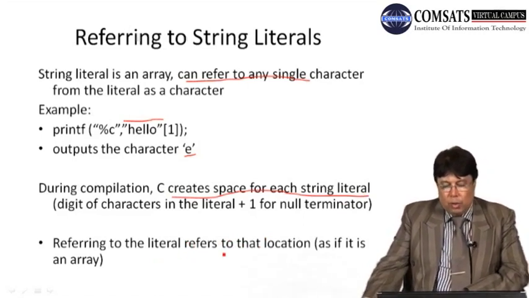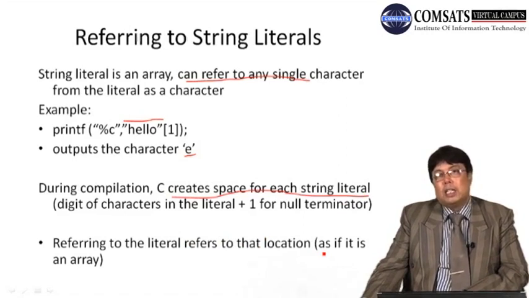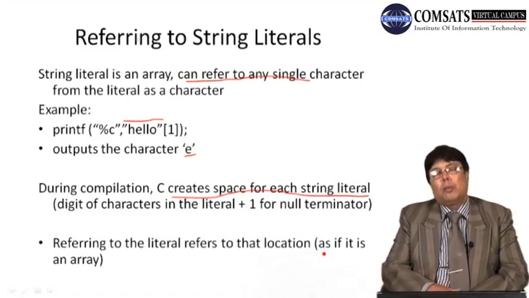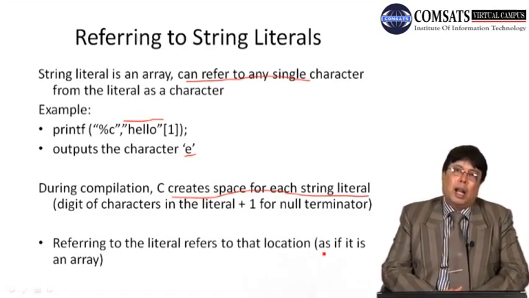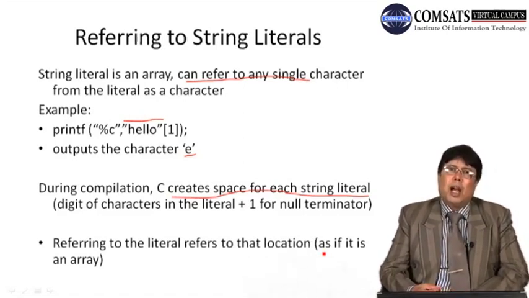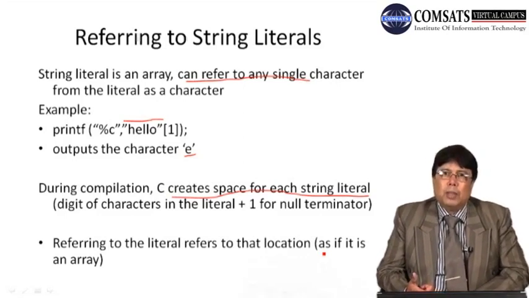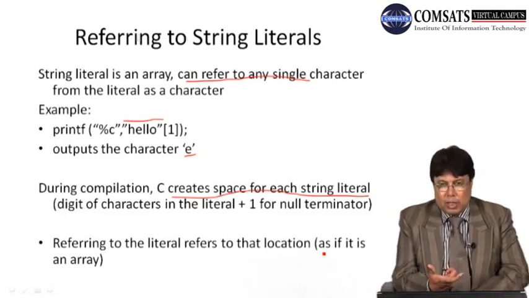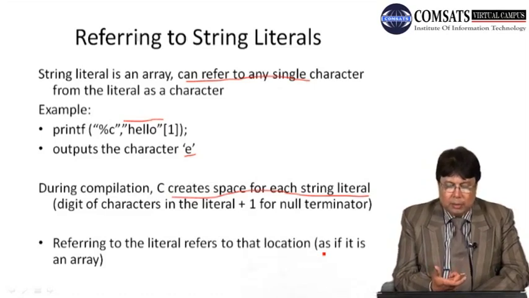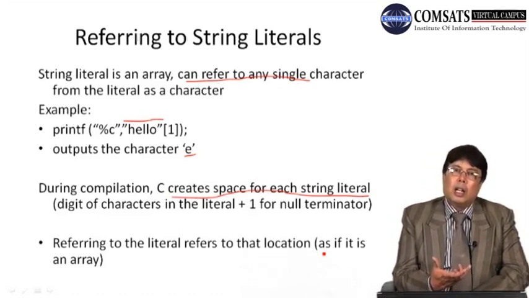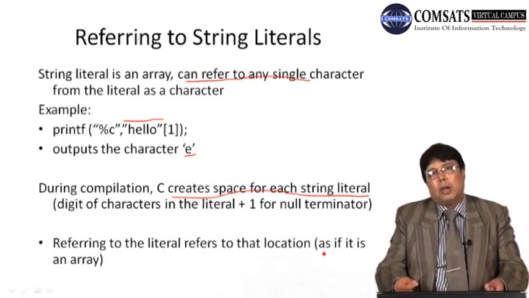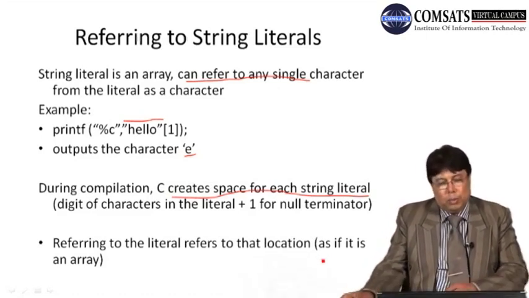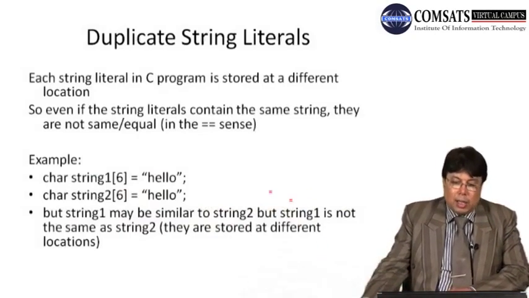Okay, referring to the literals refers to that particular location. जैसे किसी array को refer करते हैं तो उस location को आपको refer करना होता है. अब इस string के literal को जब आपने refer करना है, अब यही आप समझ में कि आप array को literal कह रहे हैं. जिस तरह array set of consecutive memory locations हैं, similarly the literals are set of consecutive memory locations which are allocated to that particular literal. क्या आपको ये बात समझ में आ गई? आगे चलते.